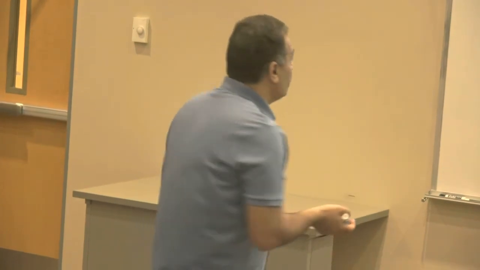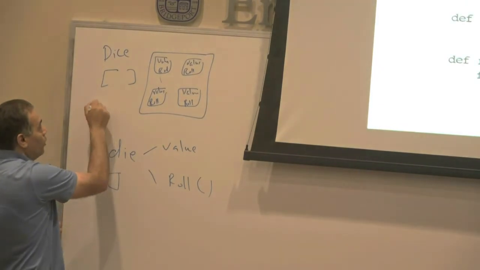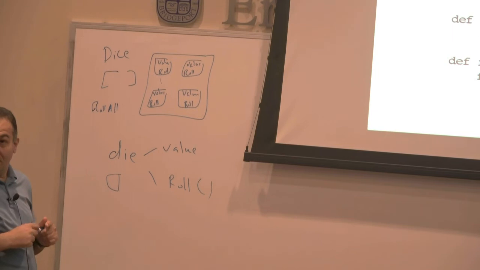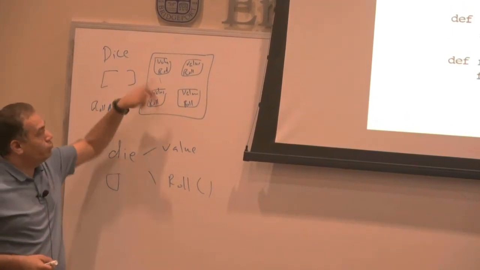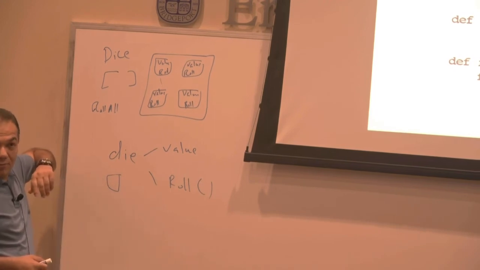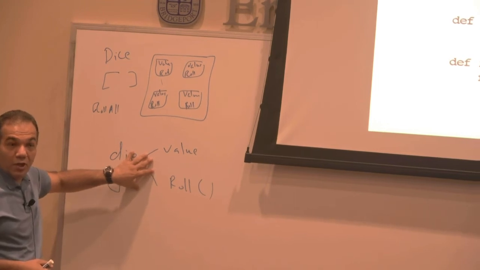What are the methods they could apply for this dice? Roll all. Right? That's a function. If I have a dice, roll all, right? Small object I'm creating, a class for the small object.